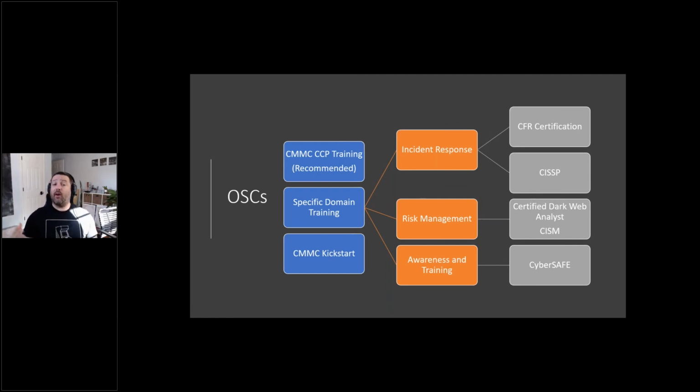There may be areas where you're lacking, there may be areas where you're stronger. Certifications, things like CFR, CISSP, Certified Dark Web Analyst, CISM, CyberSafe, all of these certifications can help your organization make sure that when it is time to be assessed, you are not lacking in any specific area.